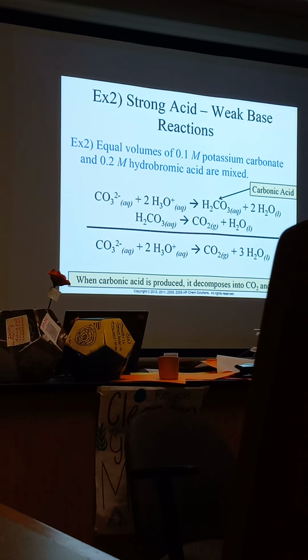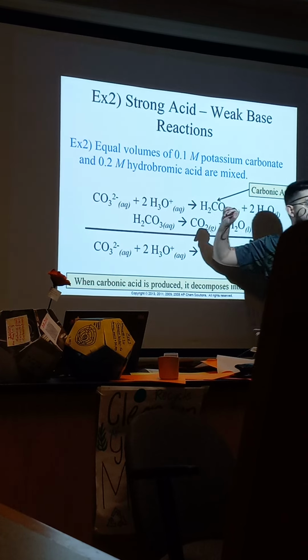Yes, sir. Alright, so just so I understand, what they did is they did CO3 2 minus, which is just potassium carbonate, but since potassium is a spectator, they don't need that. Plus 2 H3O, and because it's hydrobromic, which is 100%, it would normally just be 1 H3O plus, and it wouldn't make H2CO3.